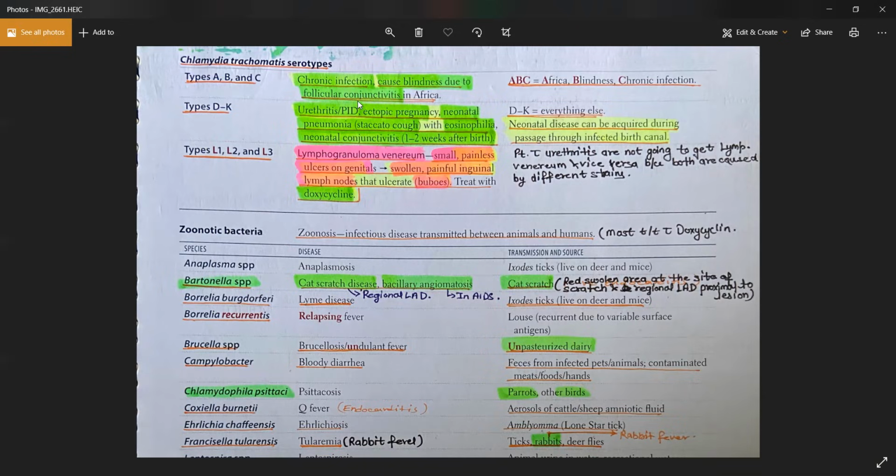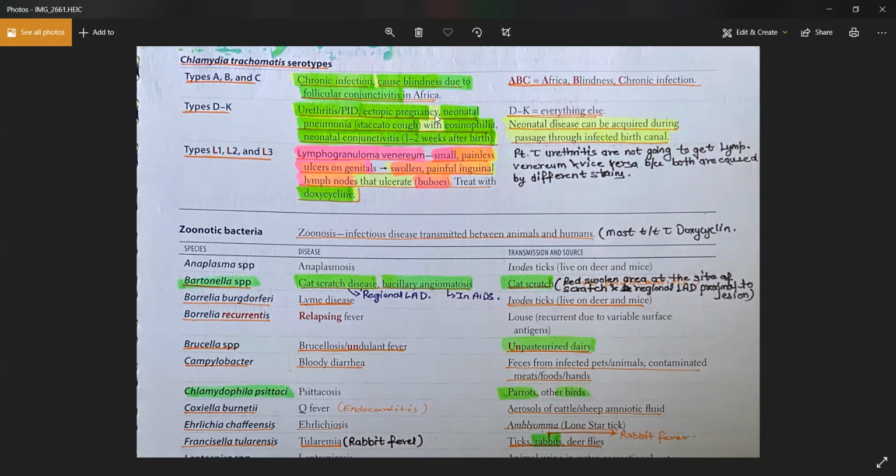Because of the pelvic inflammatory disease, there would be inflammation of your fallopian tube and the uterus. So what you will get ultimately is the scarring and the fibrosis, healing by the scarring or the fibrosis. So there are very high chances of the ectopic pregnancy in these patients, as well as infertility. So either you get the infertility or you get the ectopic pregnancy if you get this Chlamydia trachomatis infection.